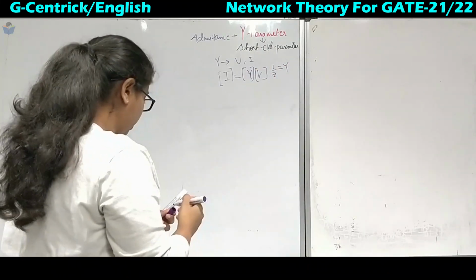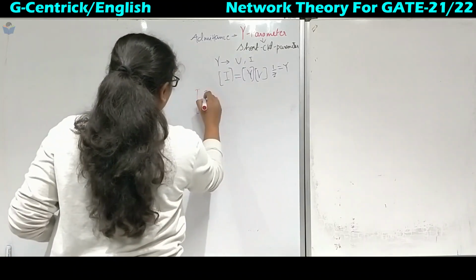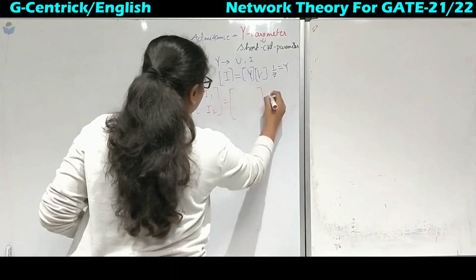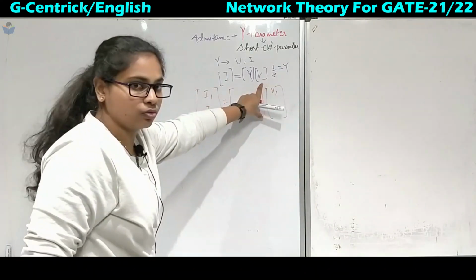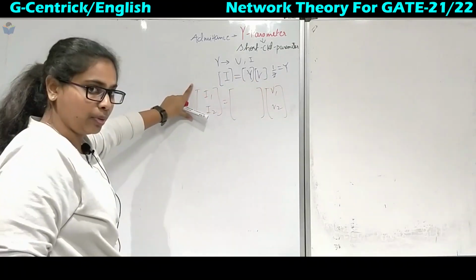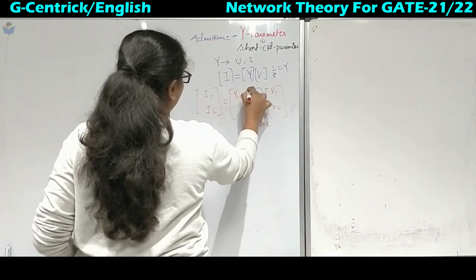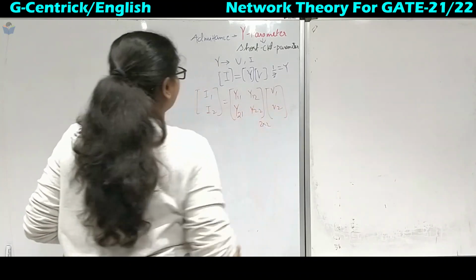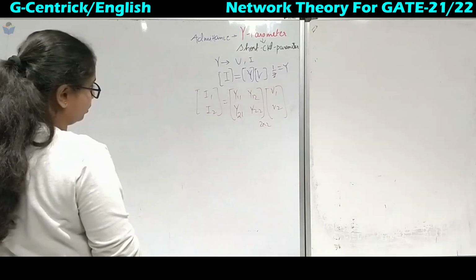Now we will take this as 2 variables. So this will be I1, I2, which will be equal to the 2 by 2 matrix times V1 and V2. Here the voltages are independent variables whereas the currents are dependent variables. In this 2 cross 2 matrix we write Y11, Y12, Y21 and Y22. After writing this we will write the equations.